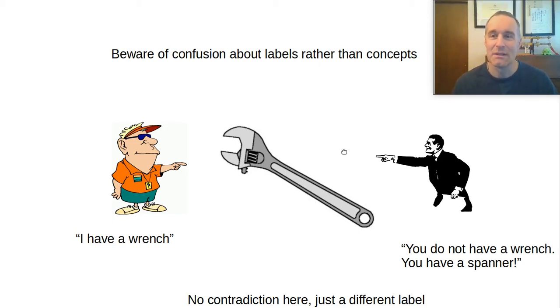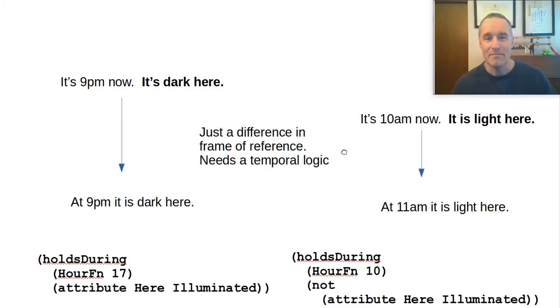It's just a different label, and obviously this holds true not just for the difference between American English and British English, but Spanish or Chinese or any other language. They're going to have a different name for things, and that's okay, and they don't necessarily have a different model of what's true in the world. They'll both agree that there's this thing here that you use to tighten nuts and bolts. They just call it by a different name. That's not a contradiction.